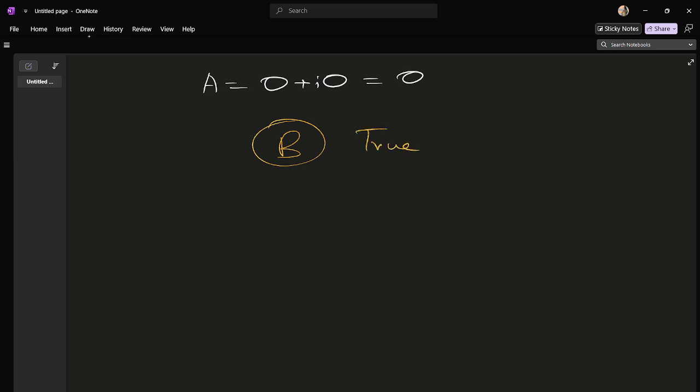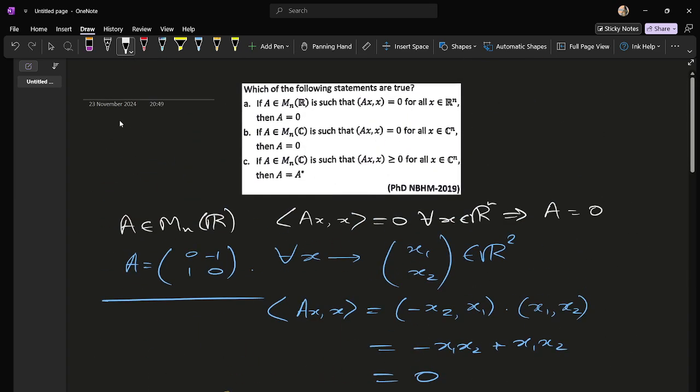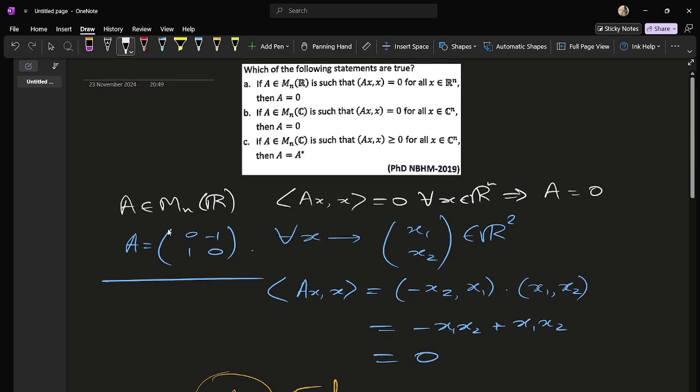Now we have to check our option C. C tells us that if A belongs to M_n(C) is such that the inner product Ax, x is greater than or equal to 0 for all x belongs to C^n, then A is equal to A star, that means the conjugate transpose.